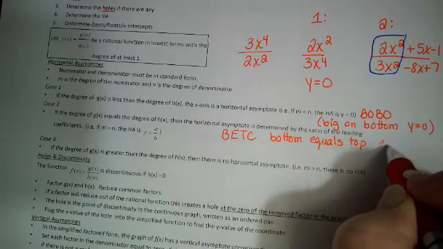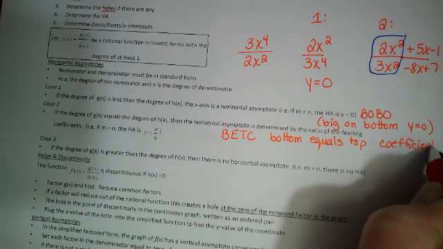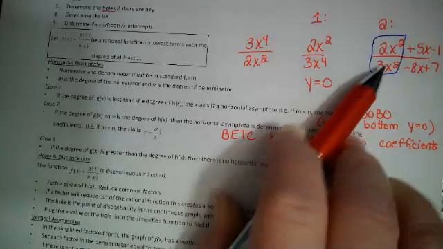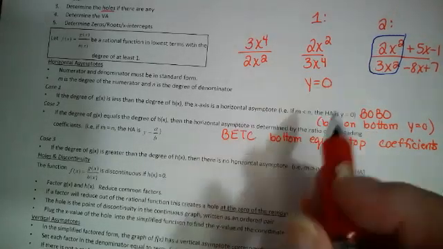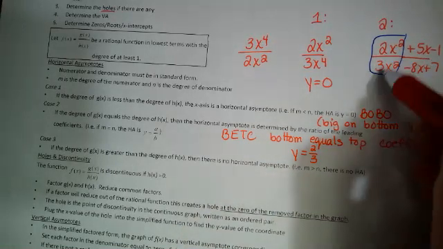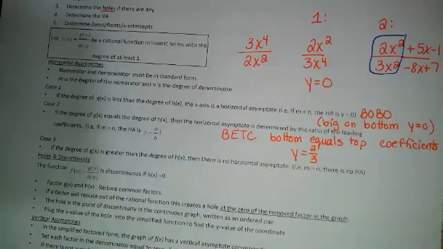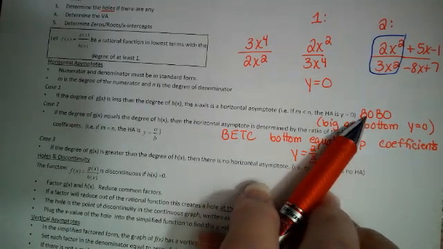We divide the coefficients. So on this one, if the bottom equals the top, we just say y equals 2 over 3. We just look at the leading terms of those highest powers that are equal. So that's Bobo if the bottom is bigger on the bottom.